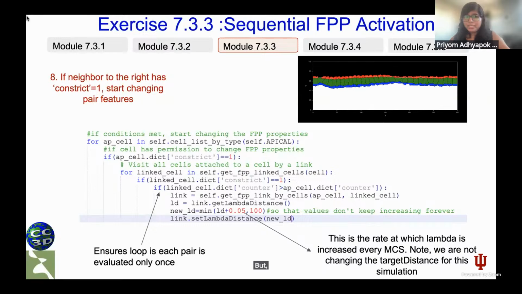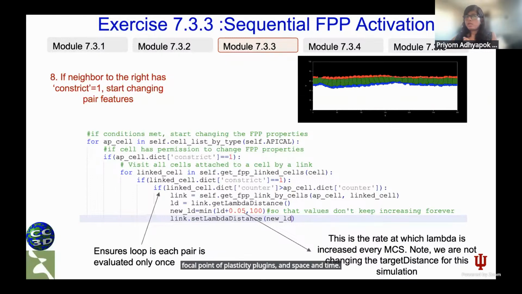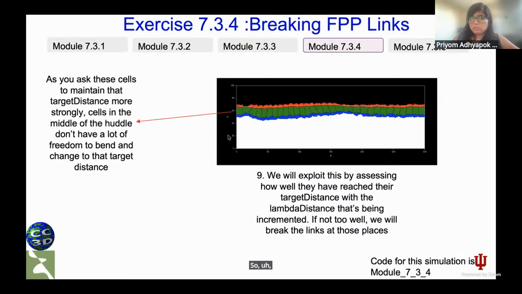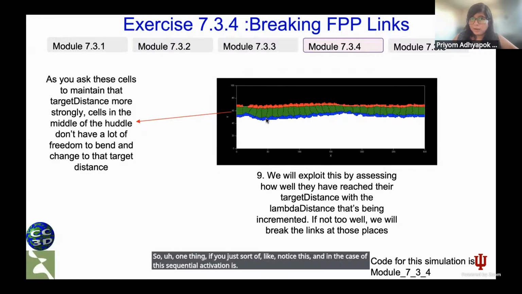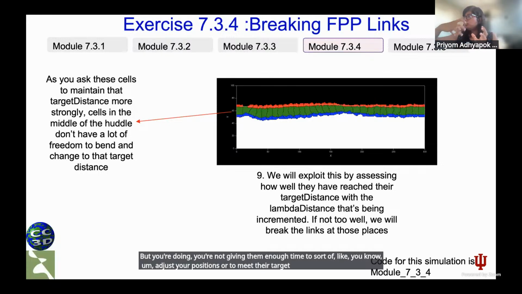But let me quickly show you how we can now exploit this. We have been able to sequentially modify focal point plasticity plugins in space and time, and here is where this could prove to be useful. In the case of this sequential activation, you're asking these cells to maintain a target distance, but you're not giving them enough time to adjust their positions or to meet their target distances because you're increasing these focal point plasticity parameters sequentially.